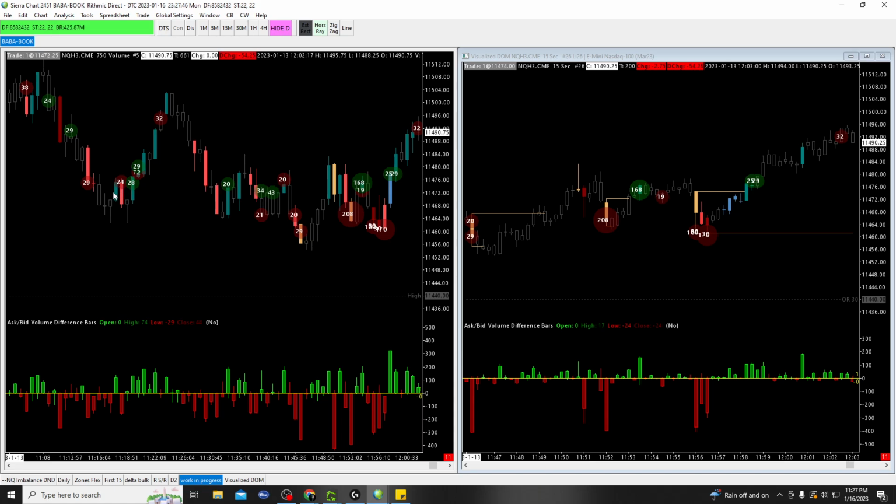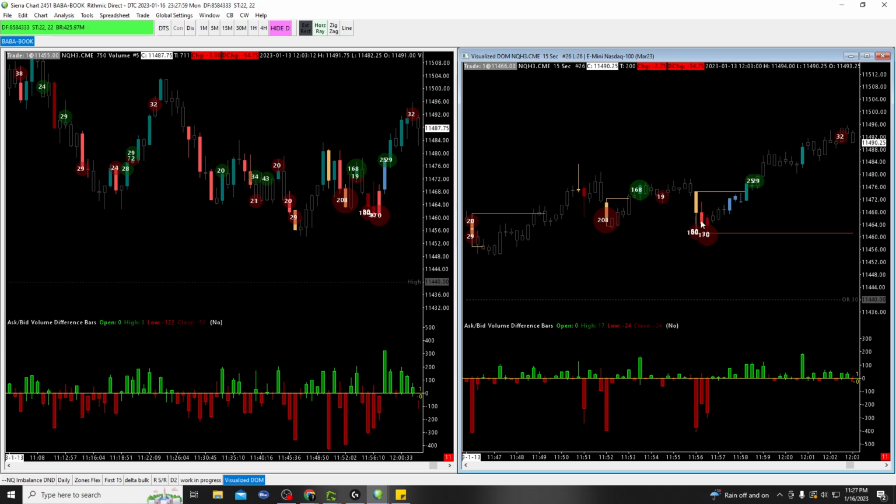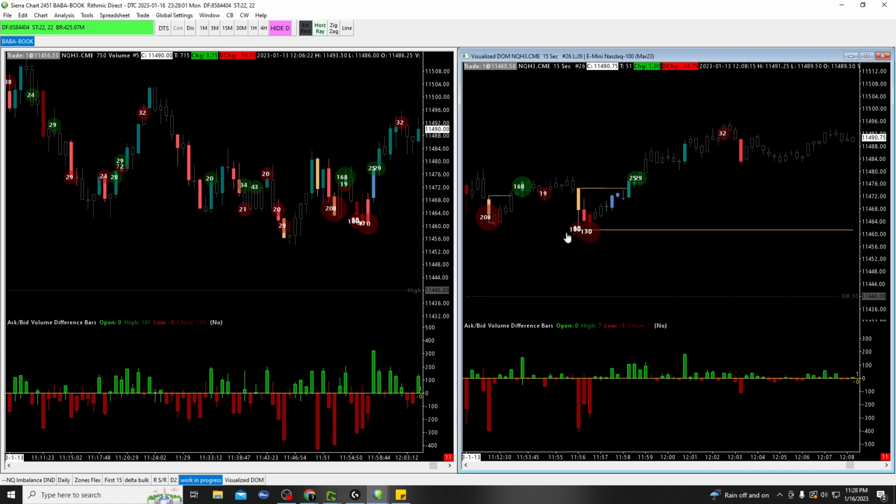I'm in this short and I start to see this, which they don't really get anything for it, roll back over, make new lows. But then we come into this light orange, which you can see here, you can see here, you can see here. That light orange is incredibly aggressive sellers.